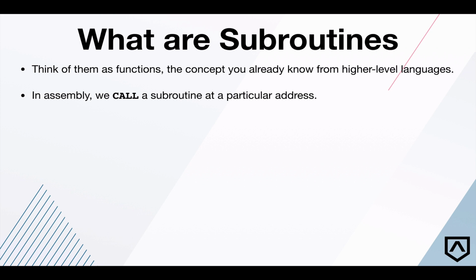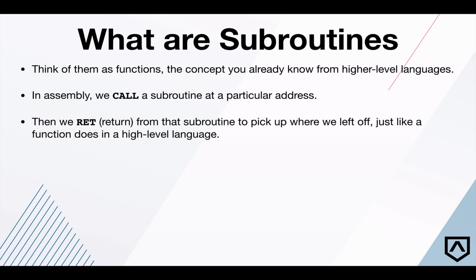After the subroutine, which lives at a particular address, runs, eventually a return instruction will be encountered. With that return instruction, we return to where we were just after the call, just like a function does. After you call math.square-root in whatever your favorite library is, you expect the next instruction after that to execute. So we need a way to get back.